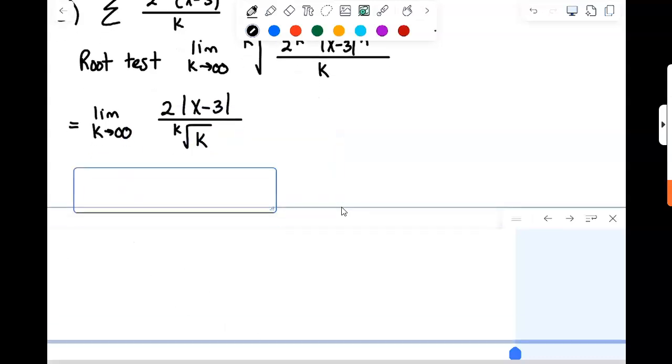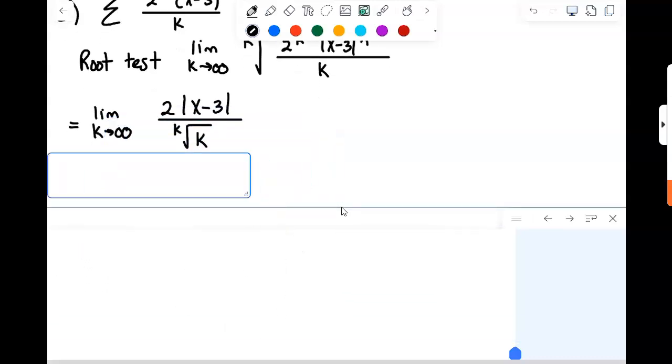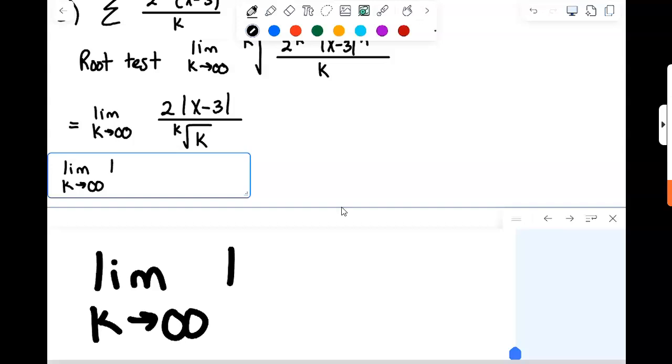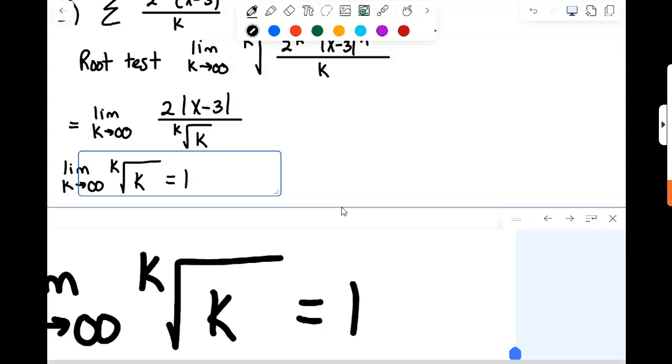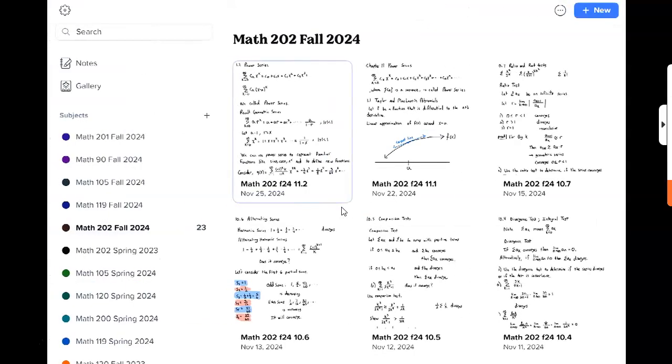Now, we actually did this a while back in an example, so just to save us a little bit of writing and work time here, the kth root of k is equal to 1. We actually did this in an example a while back when we first started looking at the root test.